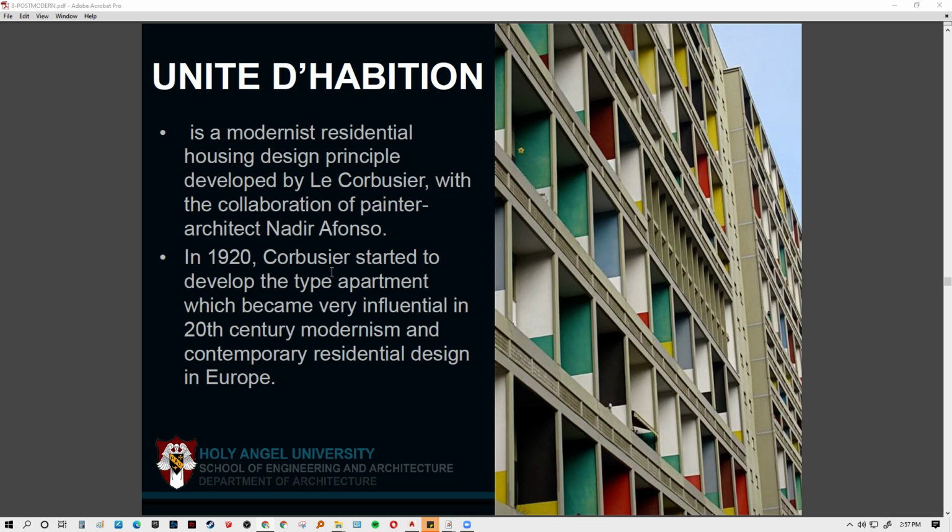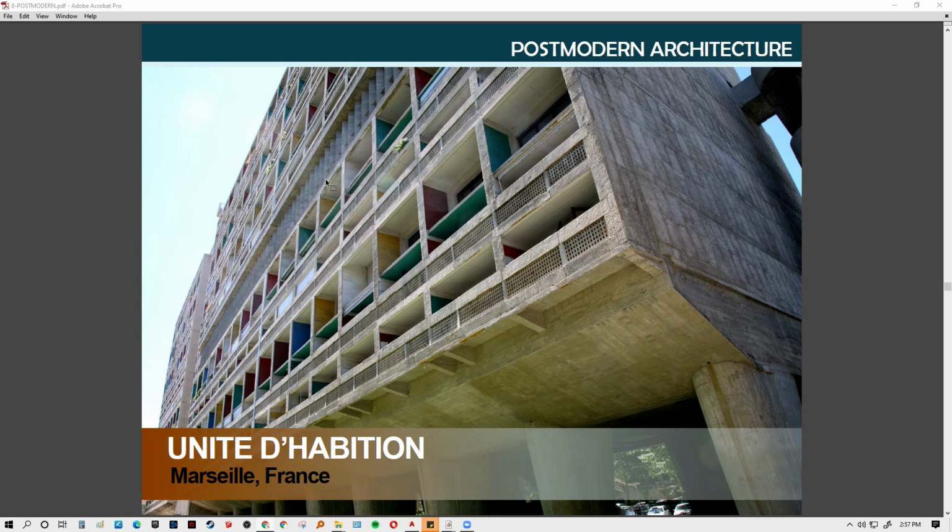It is housing, designed with his collaborator, a painter and architect, who chose the colors used for this one. It is an apartment type structure and very influential because of the way it is designed.